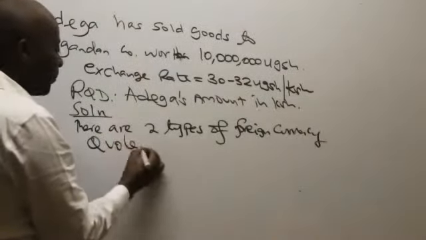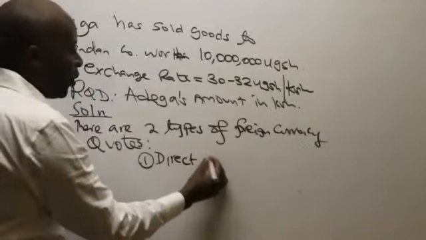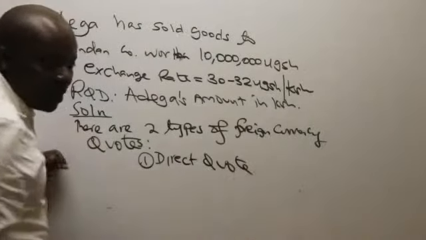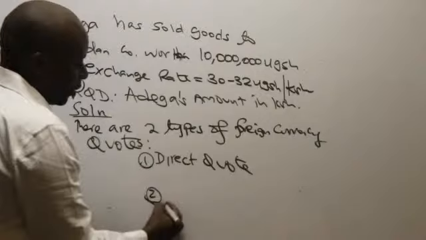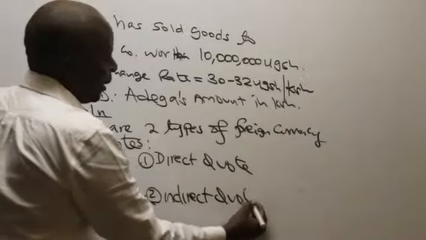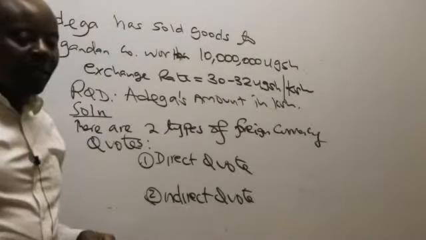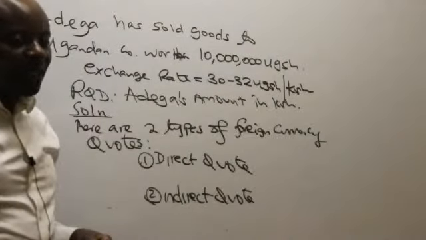Namely, number one, we have the direct quote, and then number two, we have the indirect quote.